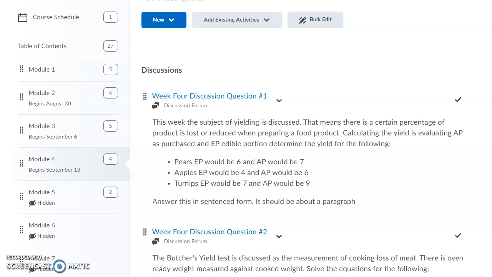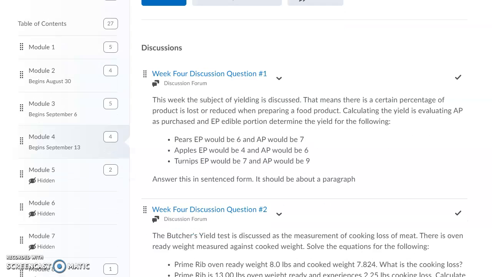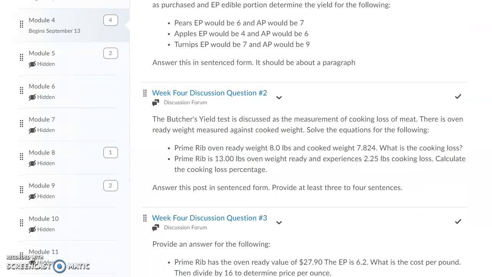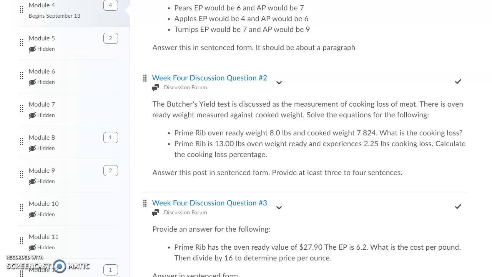And I kind of gave some different types of produce for that first discussion question that you can actually answer. And then, of course, put this in sentence form as well, too, once you're done figuring out these formulas.